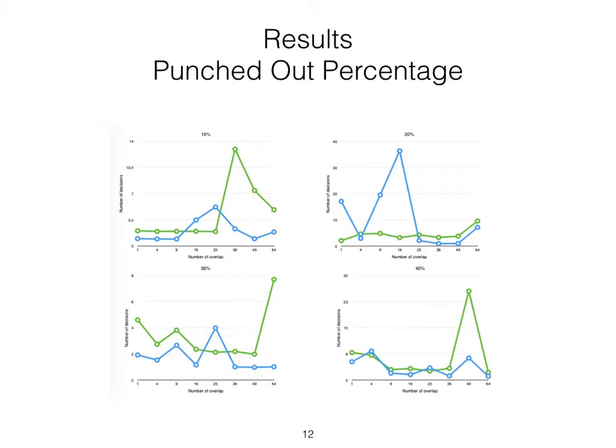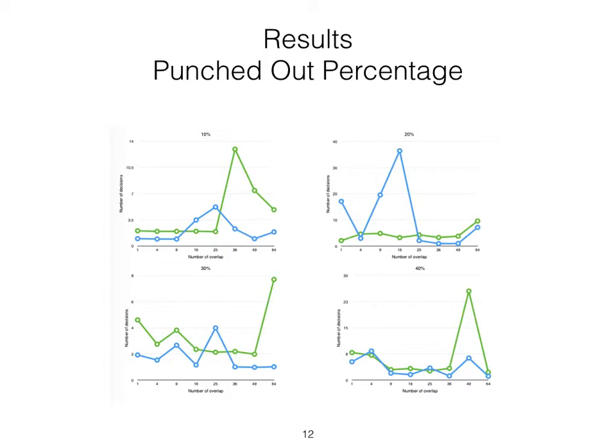Here we see 4 graphs where each x-axis is the number of overlap and each y-axis is the number of decisions. The green line is how many decisions the overlap sudoku needs to make. The blue line is how many decisions the separate sudokus have to make combined.